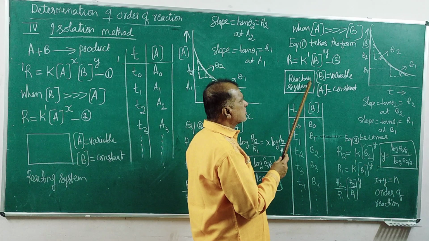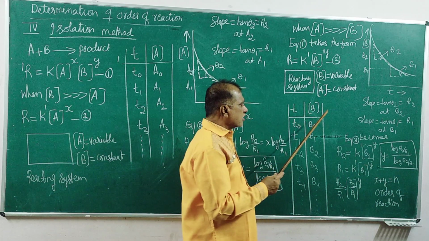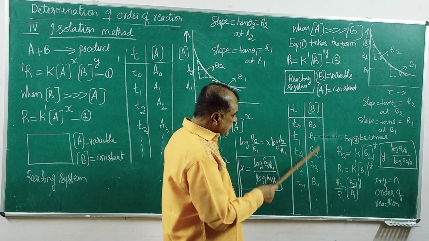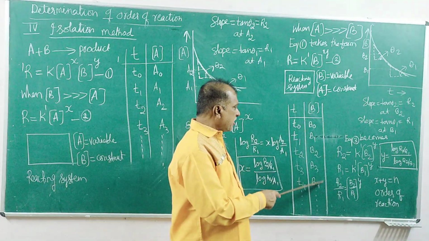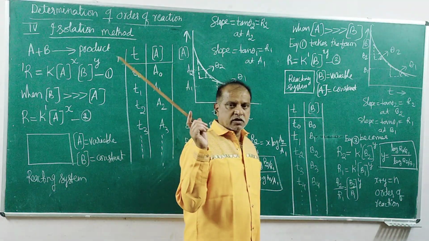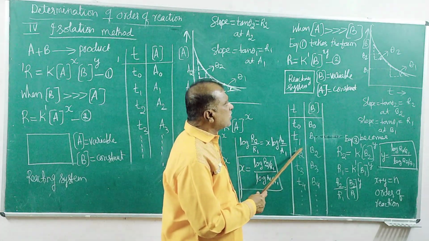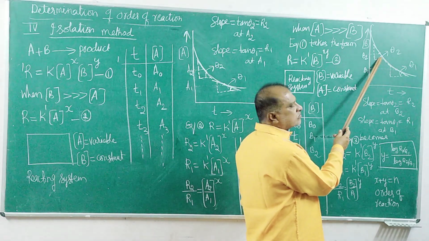Now, with the instrumentation, let us measure the experimental values at different times. The concentration of B we are measuring, at different times, and tabulate the values into a graph. From the graph, find the rates.